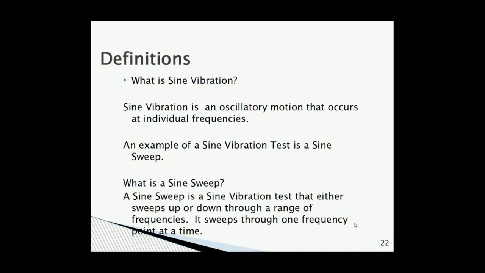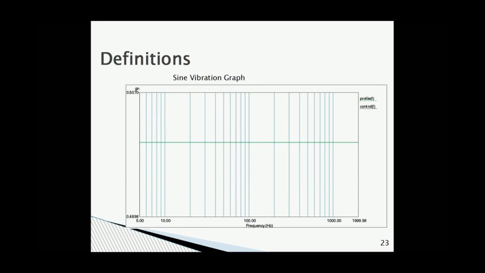Okay, let's look at sine vibration graphically. Here is a sine vibration graph for a sine vibration test. Your vertical axis here is in GN, which is also G's, gravitational units. And your horizontal axis here is your frequency, which is expressed in hertz.